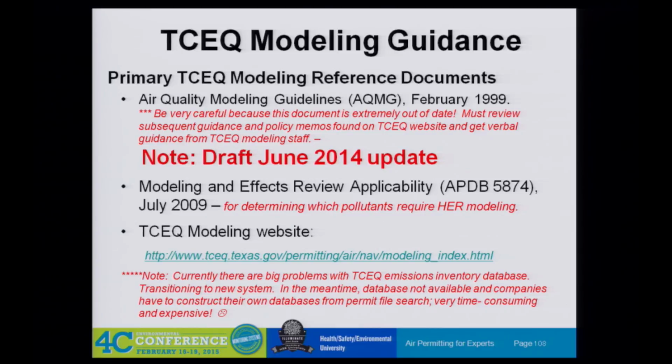It used to be that you just said, here's my significant impact area, here's the center of my plant, I need to go out 50 kilometers, I want a retrieval for NAAQS, I want a retrieval for increment consumers, and I want it for this averaging period, this averaging period. Bam, you just got it. Well, they've got issues now, so you're having to do a lot of that legwork yourself.